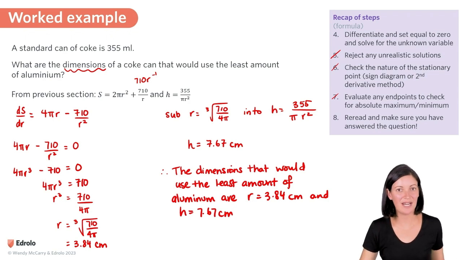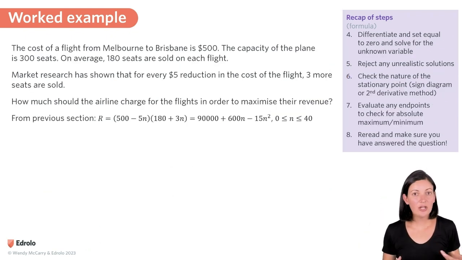Okay, let's go on to our next example. So now we're looking back at our flight example. If we recall, we had our formula for revenue, which was (500 minus 5n) times (180 plus 3n). If you expand those brackets, we end up with 90,000 plus 600n minus 15n squared.